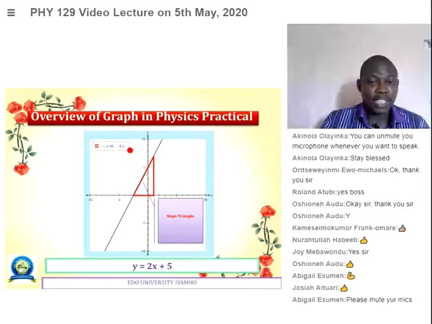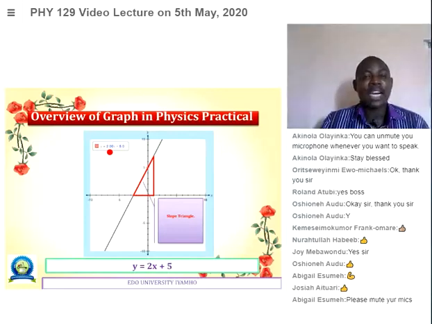If you subject this equation to the general linear equation we have earlier, y is equal to mx plus c, by implication we know what our m is, which is the slope, 2. We also know that our intercept is what? 5. Is that okay? Are we together?